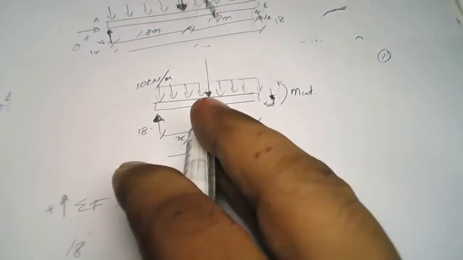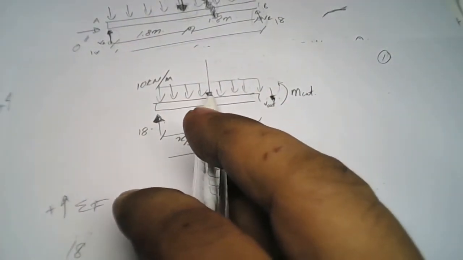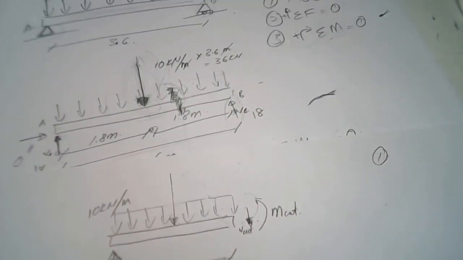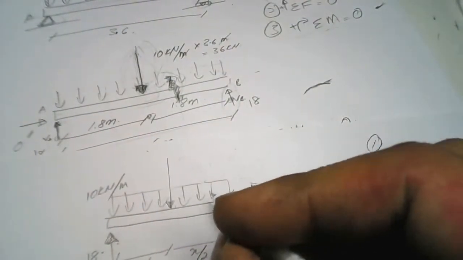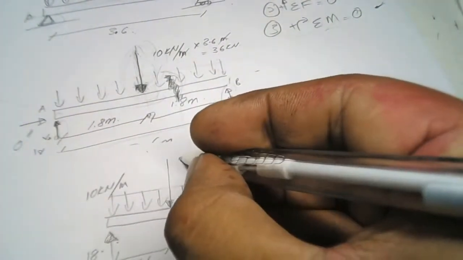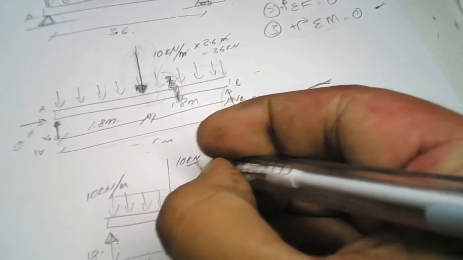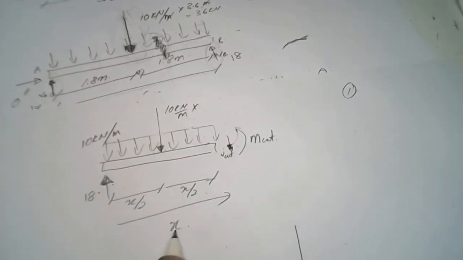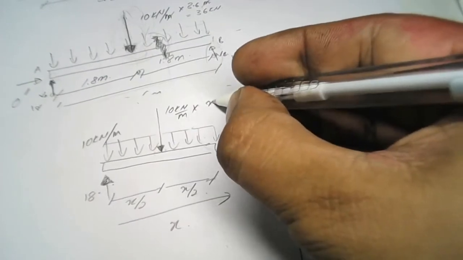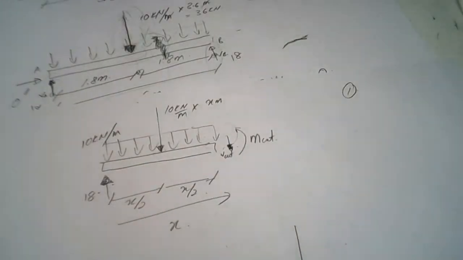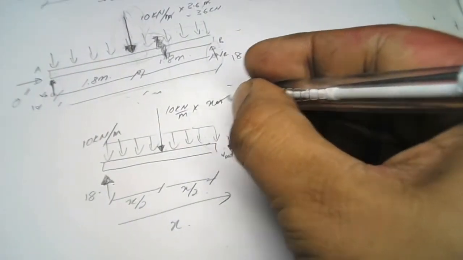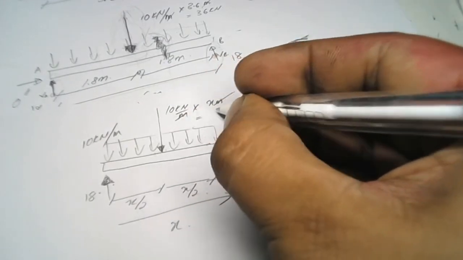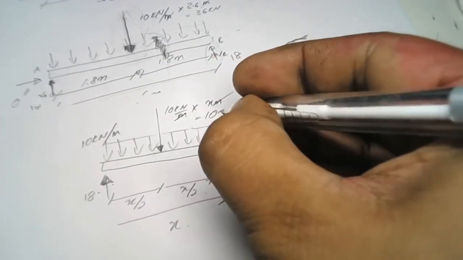The second force: the value is 10 kilonewton over meter multiplied with X. The X value is in meter, so we can cancel out the unit meter, and at the end we get 10x.